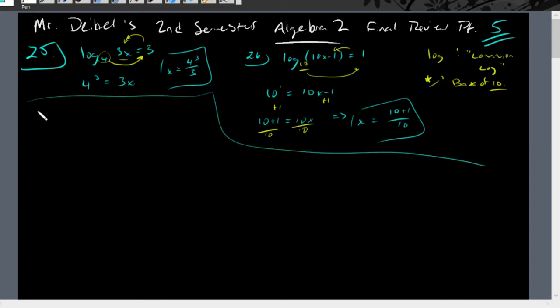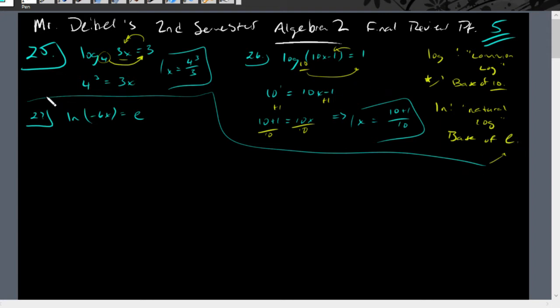All right, moving on to number 27. You've got the natural log of negative 6x equals e. So this is another thing that's going to show up on your final, and that is to know what this is. It's natural log, and it has a base of e, the constant e.